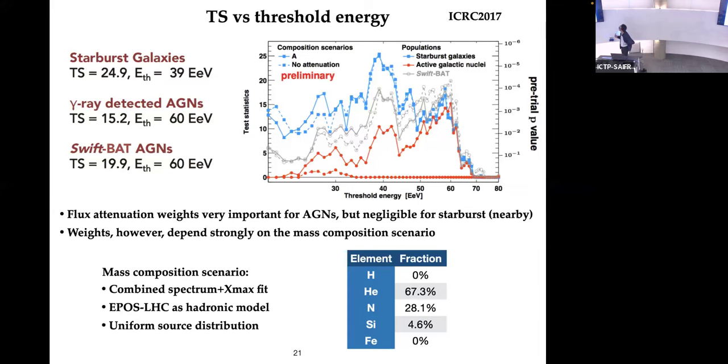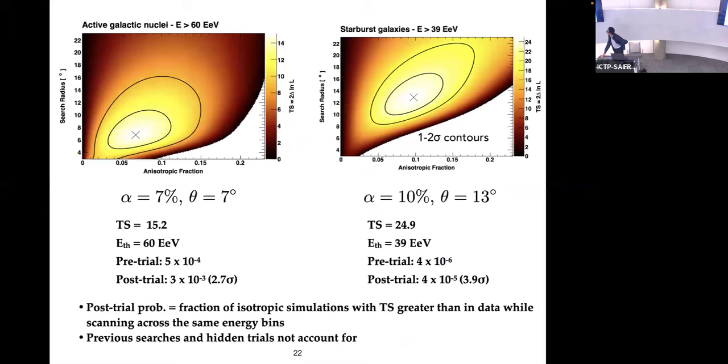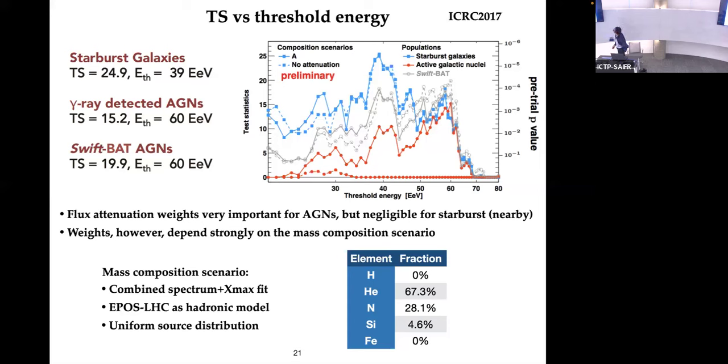TS 15.2. You see that with attenuation is the dotted curve, right? And then the solid curve is with no attenuation. And then I think we are being conservative in, let me see.